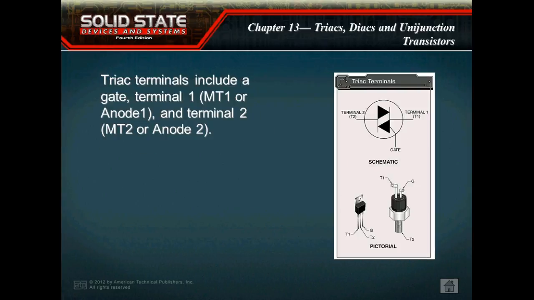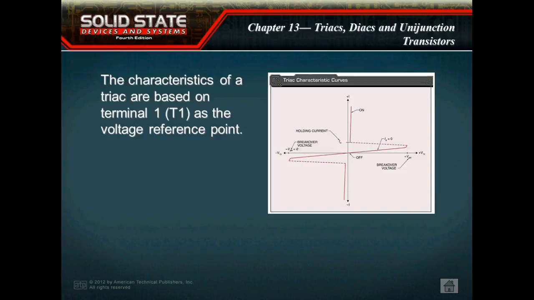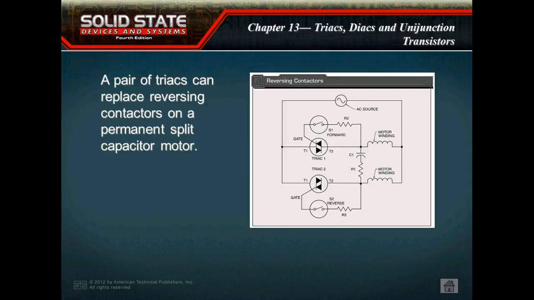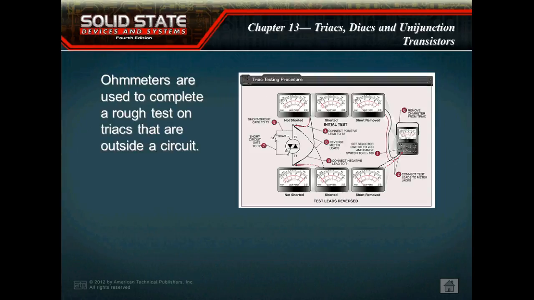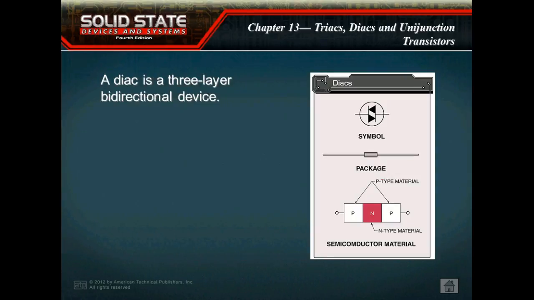The triac has the gate lead. The diac is just a device that breaks over when it gets up to a certain voltage. So the diac has exactly the same symbol, but what's missing? There's no gate lead. And I can't even think of the names of the two sides because there's no polarity on this thing.